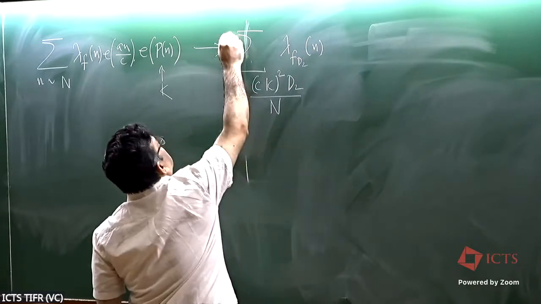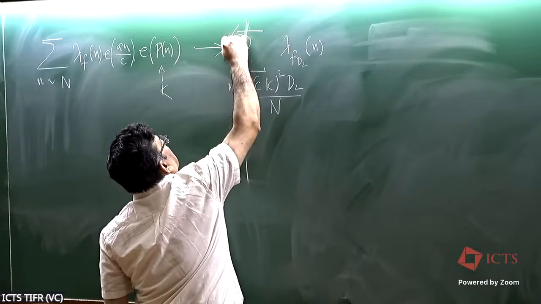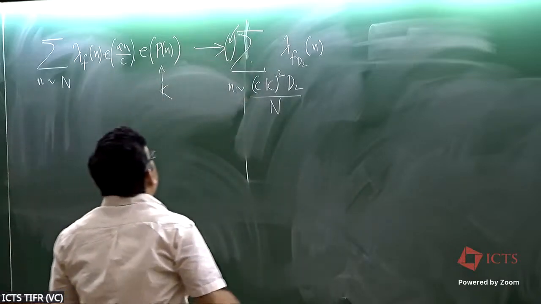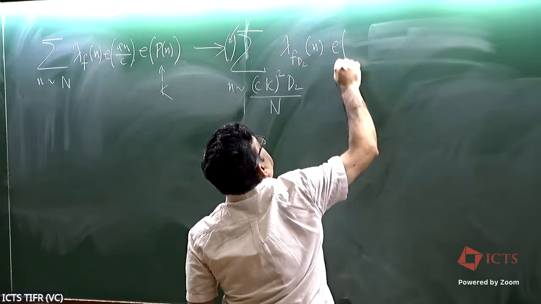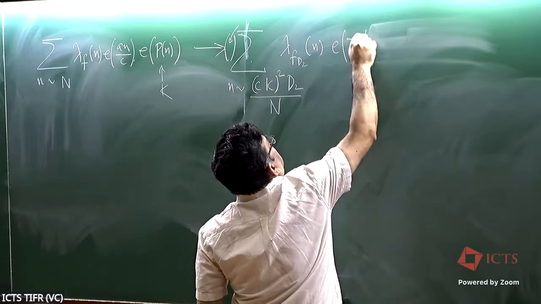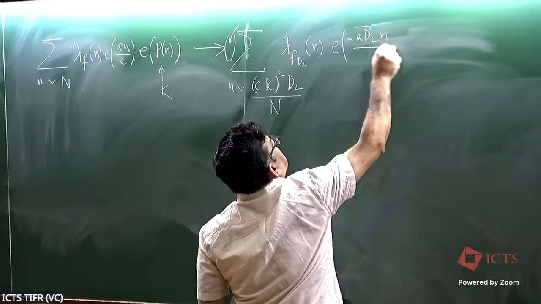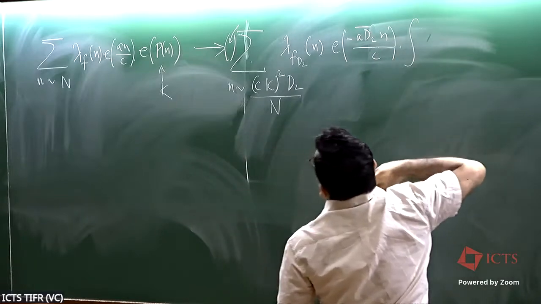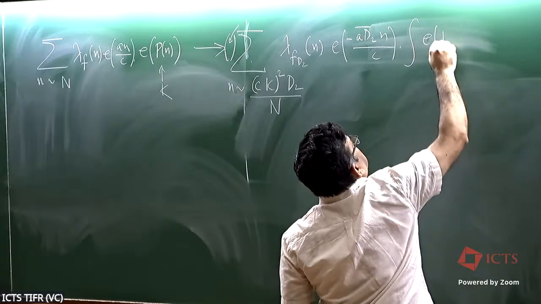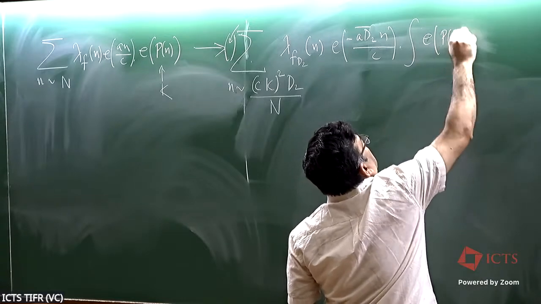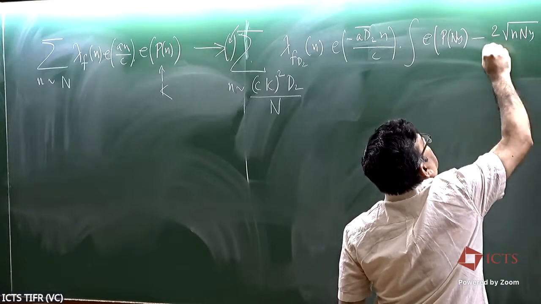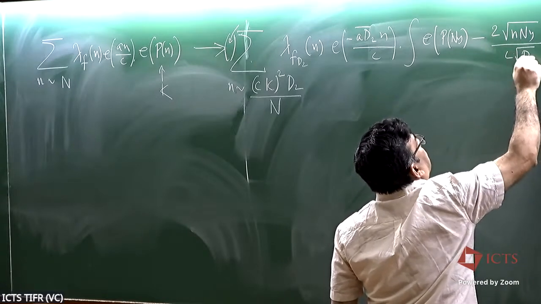There is some sign over there, which will involve the Gauss sum and other things. And then here you'll have an E of minus a d2 bar n by c. And then you have this integral, and the integral will be basically E of p n y minus 2 square root of n y by c square root of d2 dy.